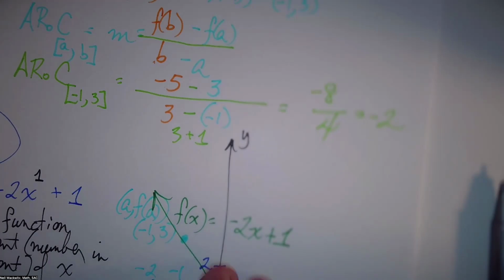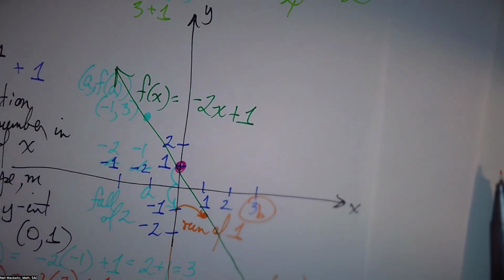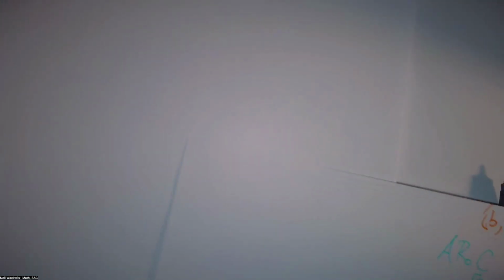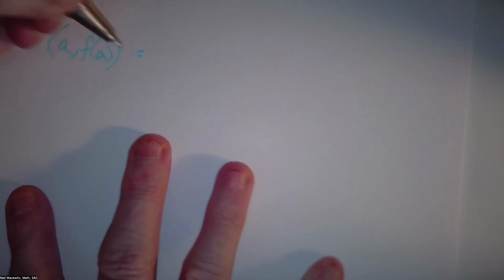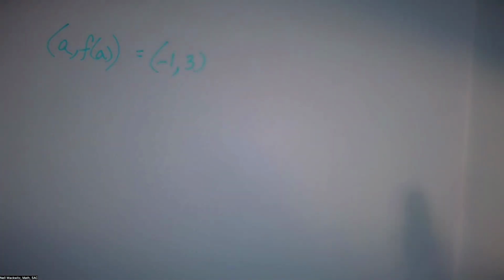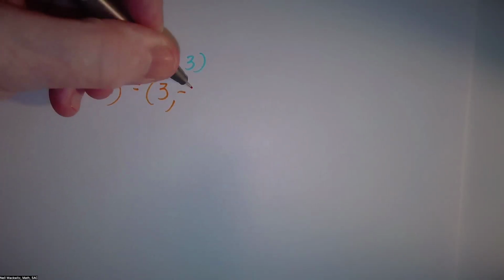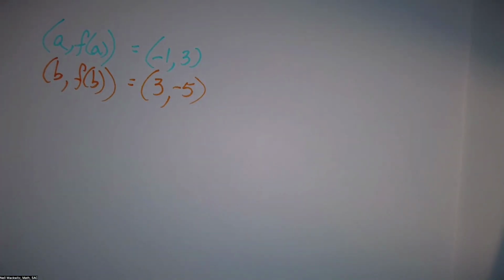Let's find the equation of the line that joins a, f of a and b, f of b. Again, we said that a, f of a was negative 1 comma 3. b, f of b was 3 comma negative 5. And we just found the slope.